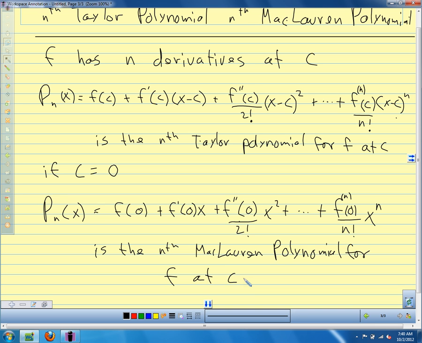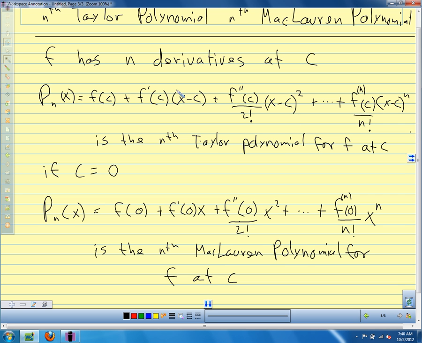So now we have a procedure where we can approximate these functions. We can figure out as many terms as we want to, or as many terms as we're willing to calculate, so we can approximate functions with polynomials. This gives us a procedure for doing that. So, questions on the procedure?